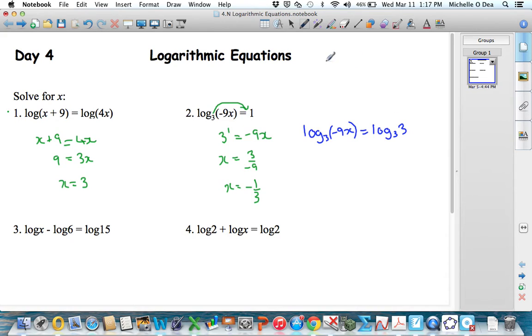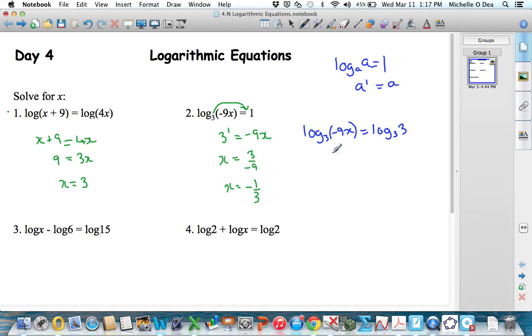And basically that's a generalization that you can make while we're talking about that. In general, we can say log of a, base a, is always going to be equal to 1. Because if you rewrite that as an exponential, the base of the log is the base of the exponential, and the exponent is the answer. And of course, a to the 1 is equal to a. So you could use this rule in general.